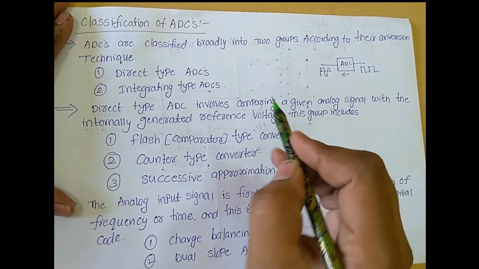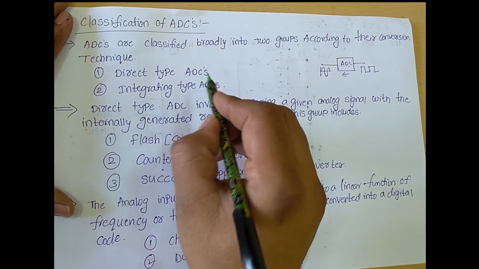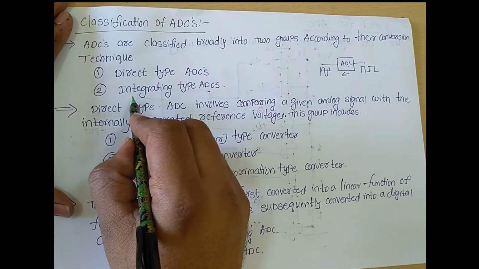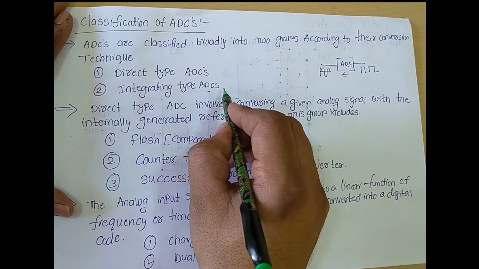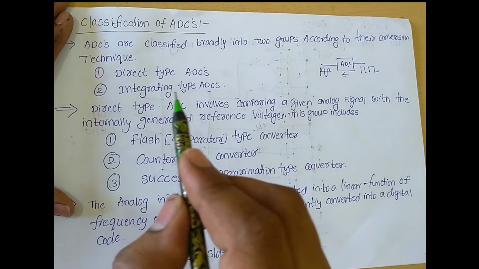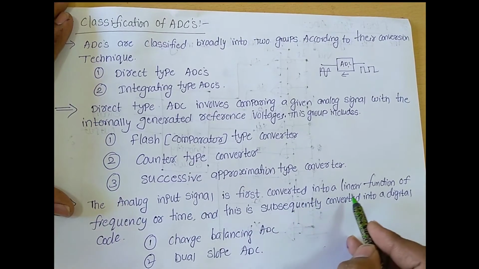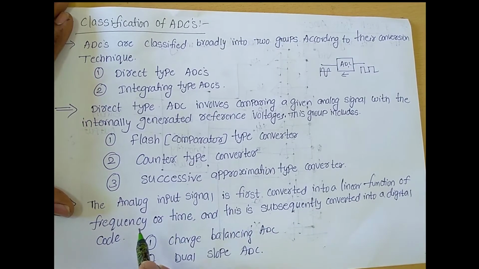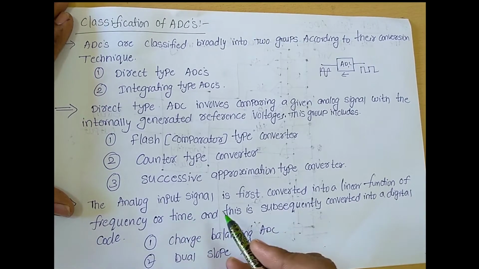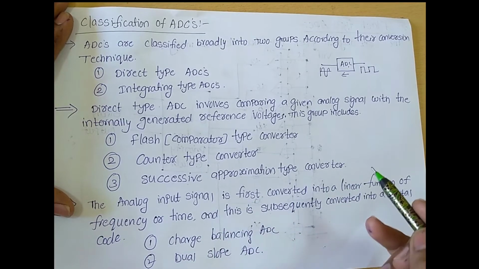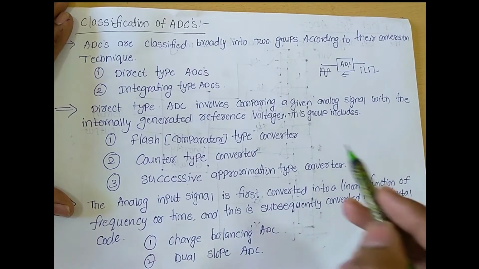The second analog to digital converter category is the integrated type. In this type, the analog input signal is first converted into a linear function of frequency or time, and this is subsequently converted into a digital code.